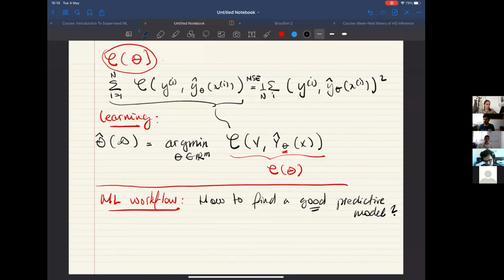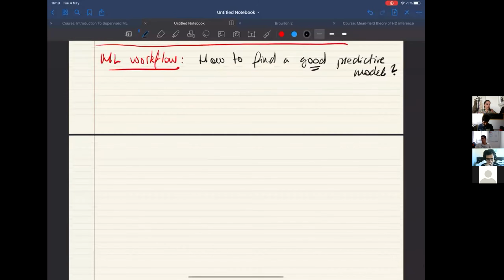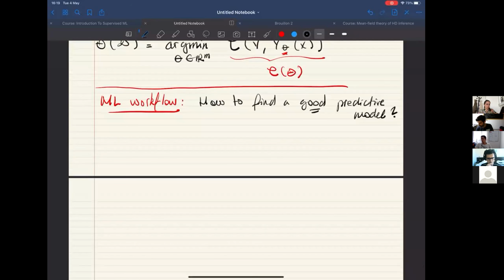We're going to code a real learning algorithm and see how things work. But before doing so, let me give you a generic recipe.